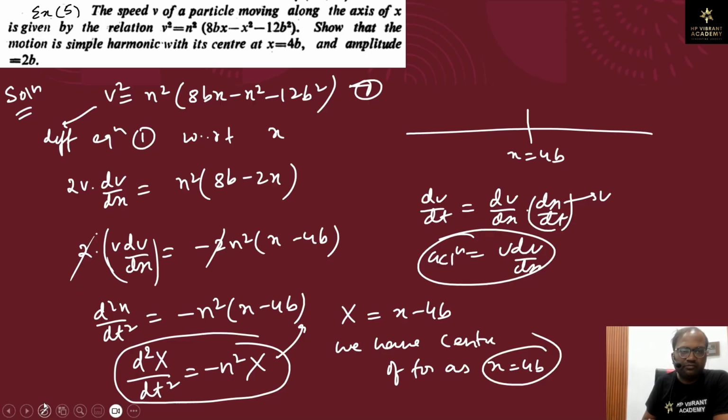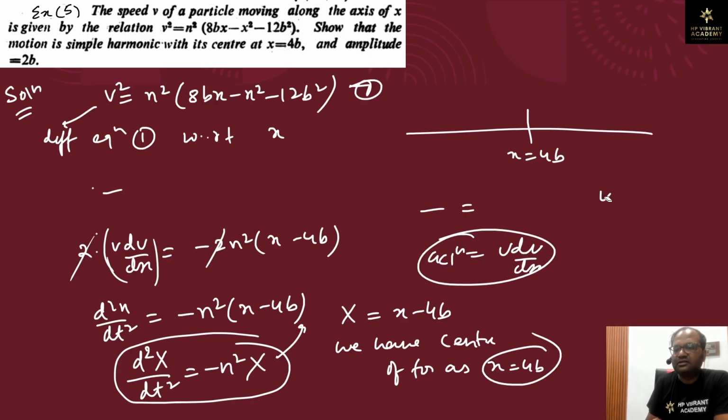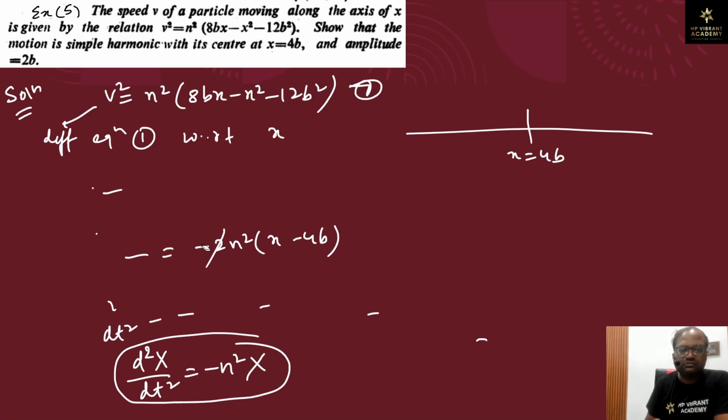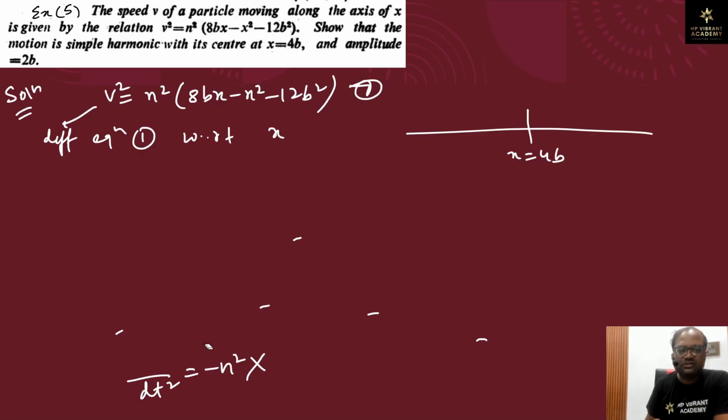So let us find the amplitude. Amplitude is the position of a point such that the velocity is 0 there. So we have to find a point where the velocity is 0. Let us find the points of 0 velocity.